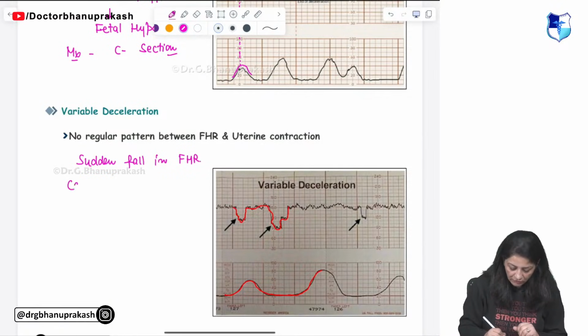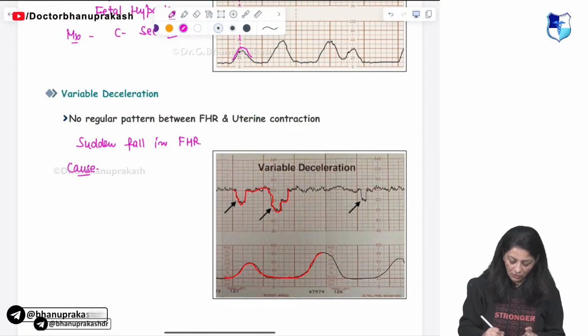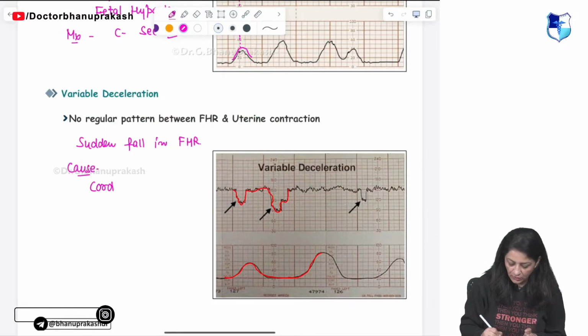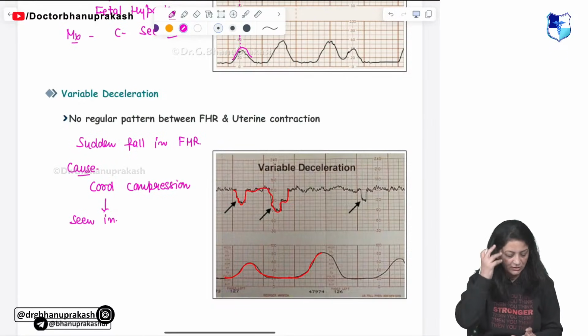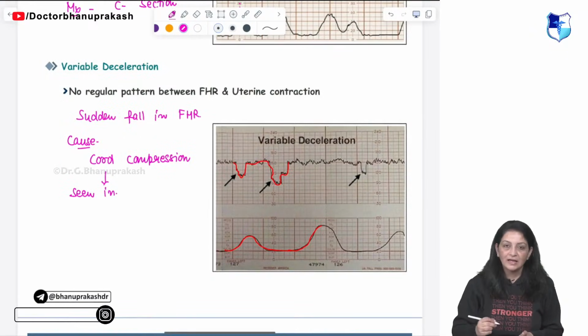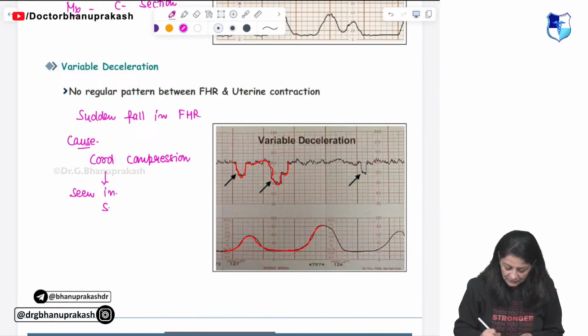So what is the cause of variable deceleration? The cause is cord compression. Cord compression is seen in which condition?